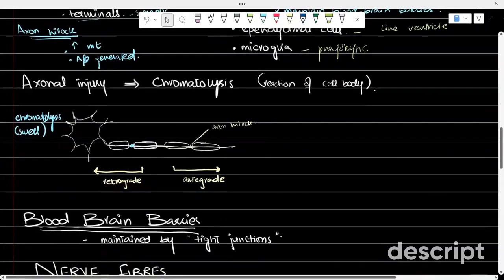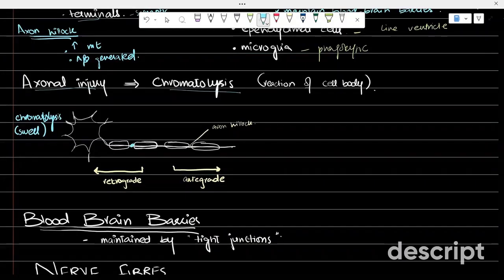So what happens if an axon is injured? The cell body goes into chromatolysis, which is when it swells, and regeneration and degeneration of the axon happen. Let's suppose this is the cell body and this is the axon. These are the dendrites. And here is where the injury happens.